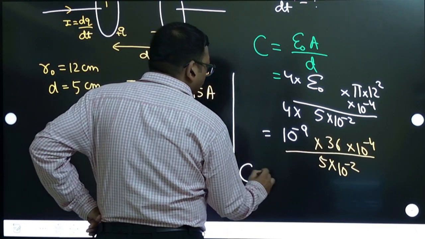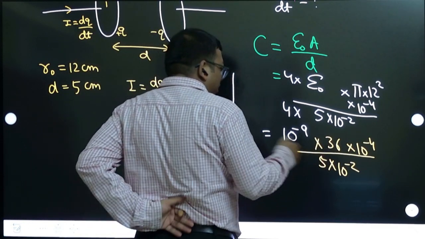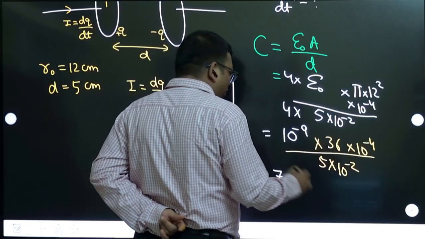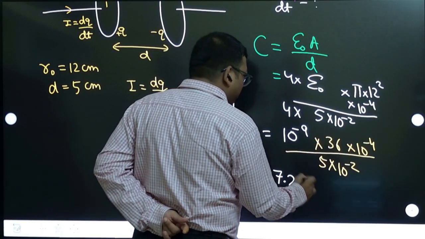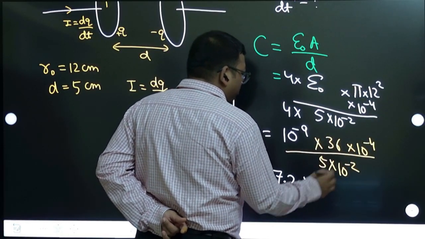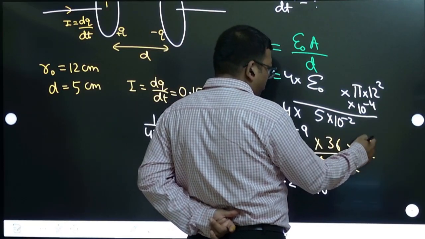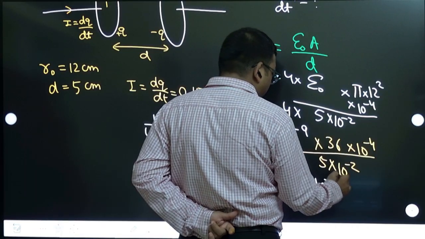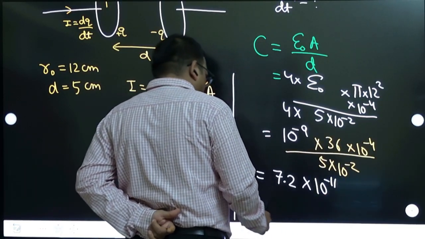Capacitance we will calculate now. 36 by 5 we can definitely do, because 5, 7, 35 and 0.2 we can take, and then this will become 10 to the power minus 2, 9, 11. That's all it is.